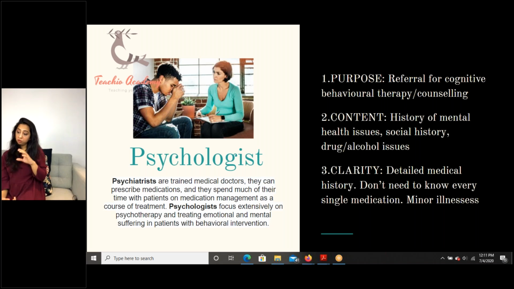So it's usually a referral letter asking for your patient to get some counseling or some cognitive behavioral therapy. In order for the psychologist to do that job, the information that you need to include in your letter will be everything related to the mental health issues for this patient. Have they come in with a particular visit when they were anxious, depressed, low mood, tearful, crying?